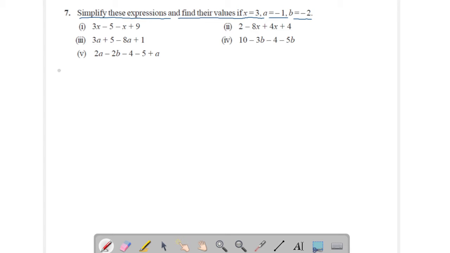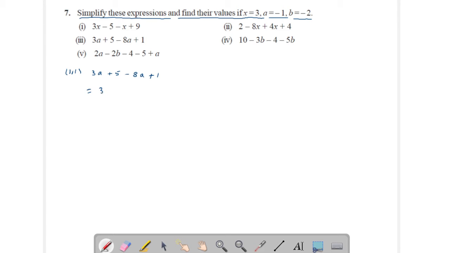Now come to third part. It is 3a + 5 - 8a + 1. Here again collect the like terms.